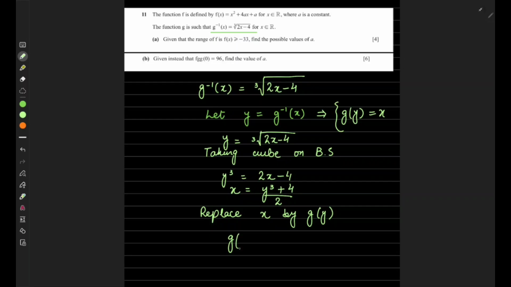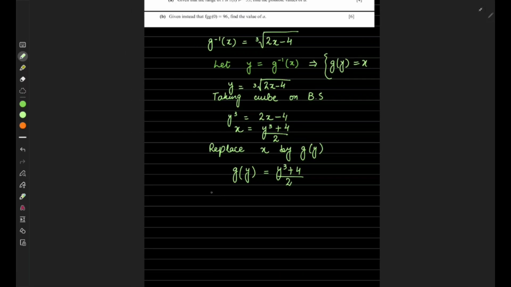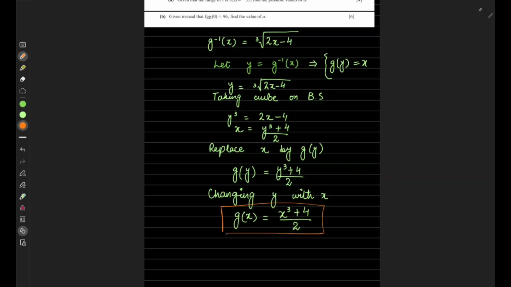So it will become g of y equals y cube plus 4 over 2. Now replacing y by x, changing y with x, this will become g of x equals x cube plus 4 over 2. So this is how we get our function g of x.